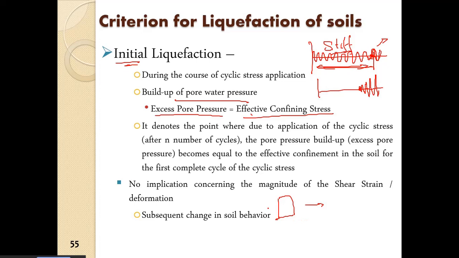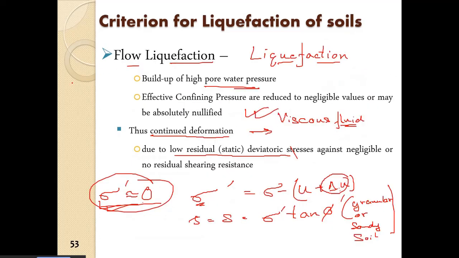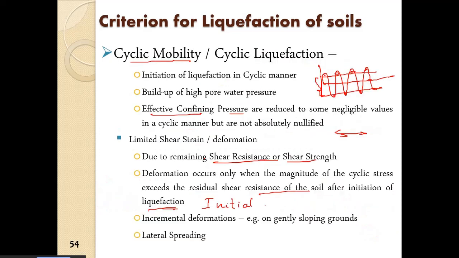That is the initiation of liquefaction, or the initial liquefaction, that we define. Flow liquefaction is a total, complete loss of shearing resistance, or a negligible value, and whatever static residual deviatoric stresses are there are enough to cause continued deformation. So it is flowing like a viscous fluid due to the static deviatoric stresses.